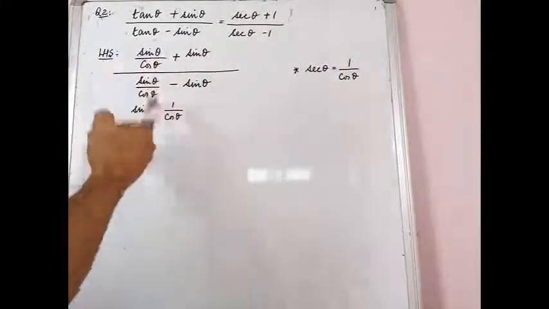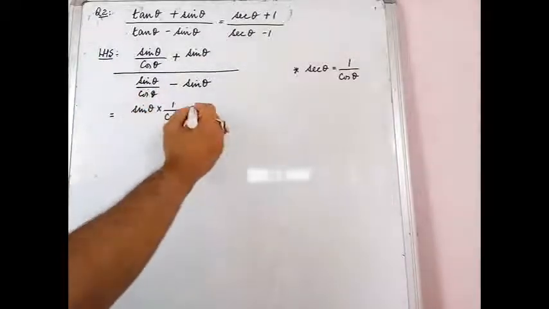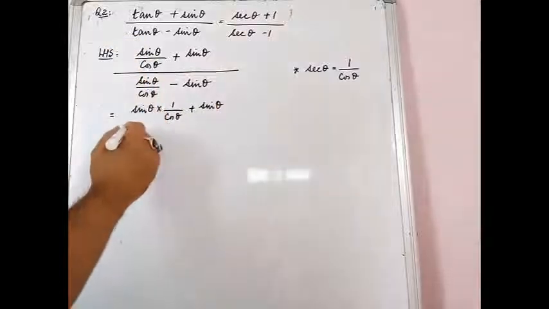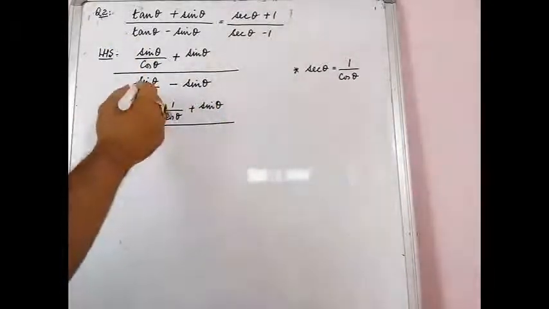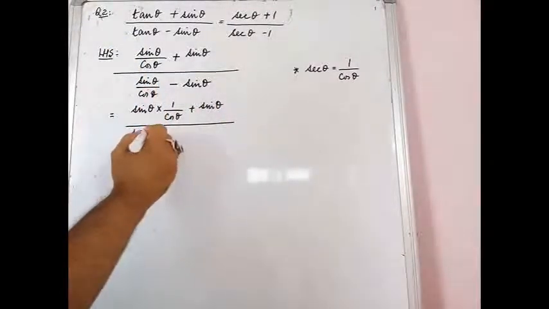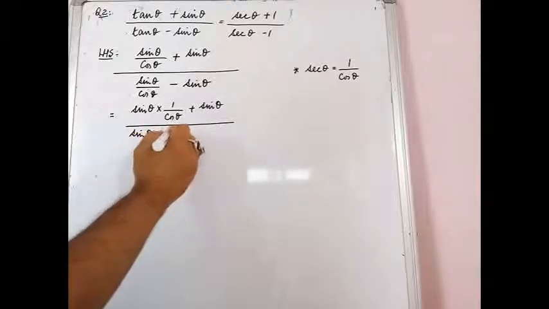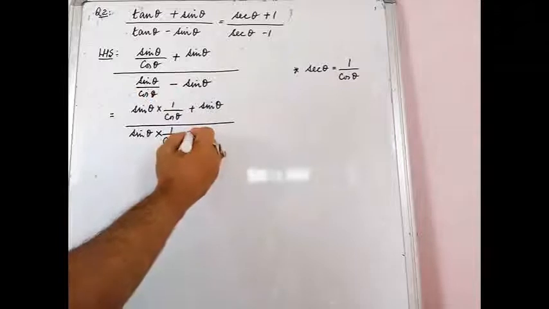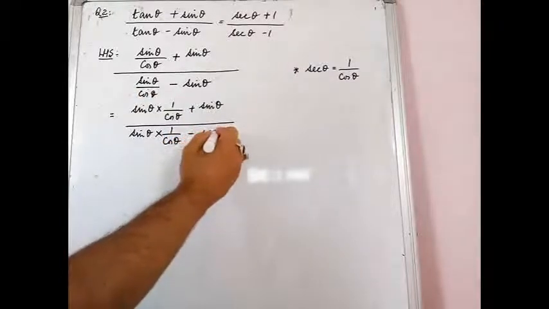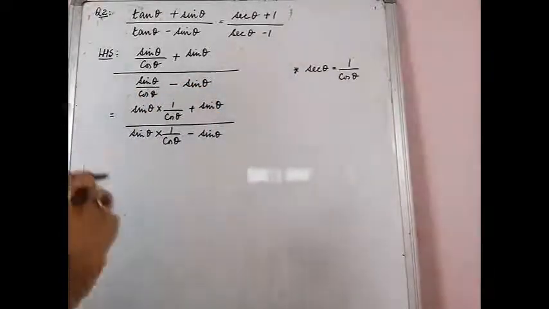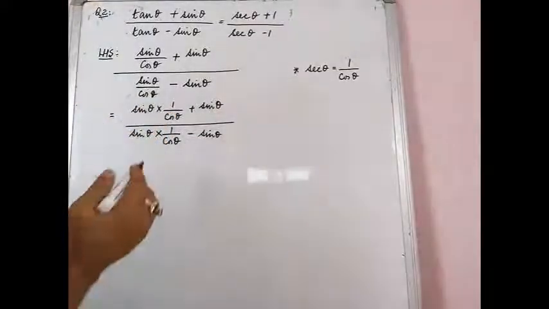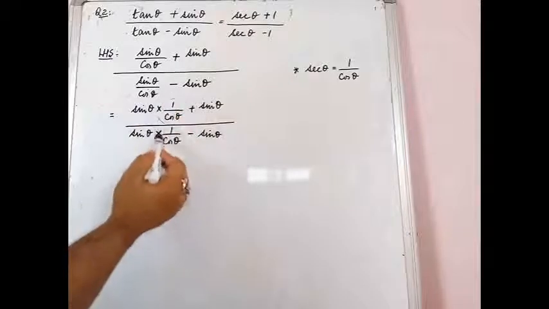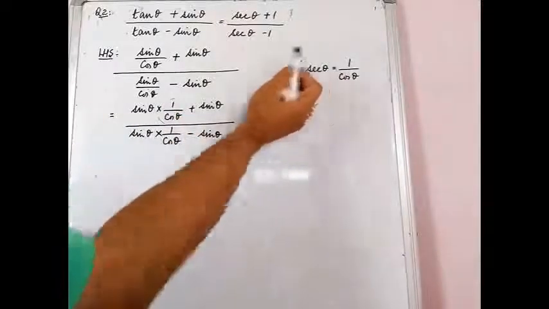This portion can be written like this, plus obviously this sin theta will remain over here, upon, similarly this also can be written as sin theta multiplied by 1 upon cos theta, and this time, as you can see, there is a minus and sin theta here. The reason why I am writing it like this is, now you can easily write this 1 upon cos theta as sec theta.